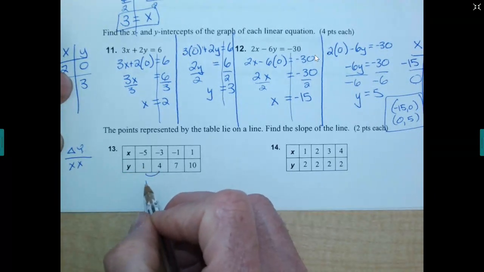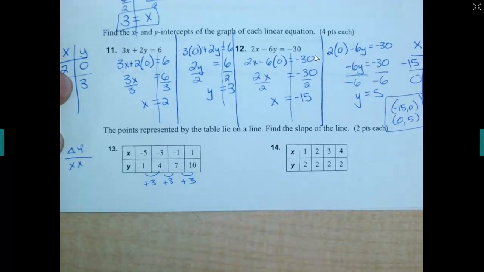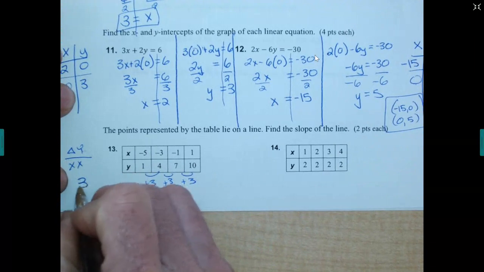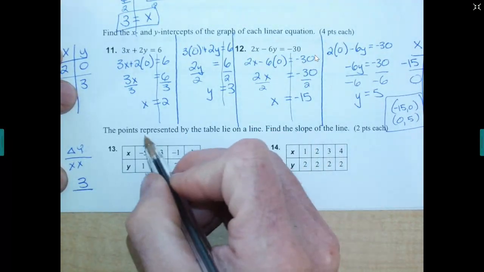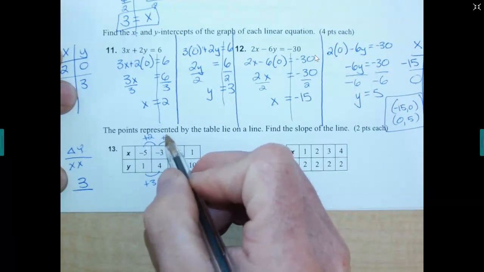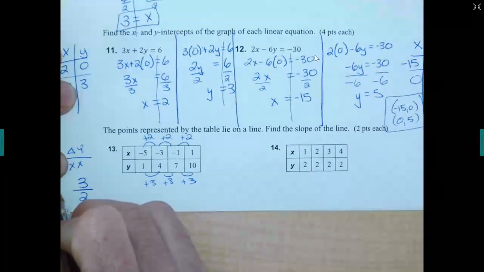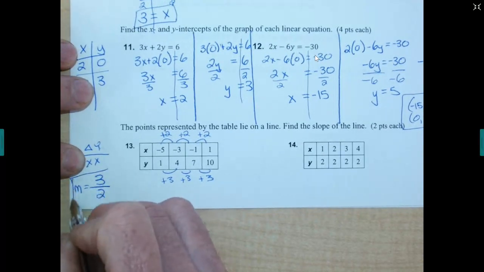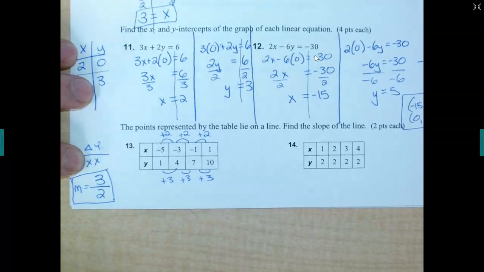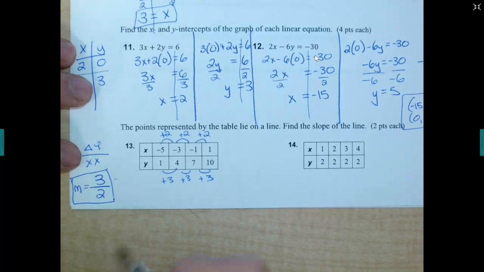So I have plus 3, plus 3, plus 3. So I have 3 on the top. Here I have plus 2, plus 2, plus 2. So my slope equals 3/2. If you got it backwards, it's wrong. A slope of 3/2 is much different than a slope of 2/3.